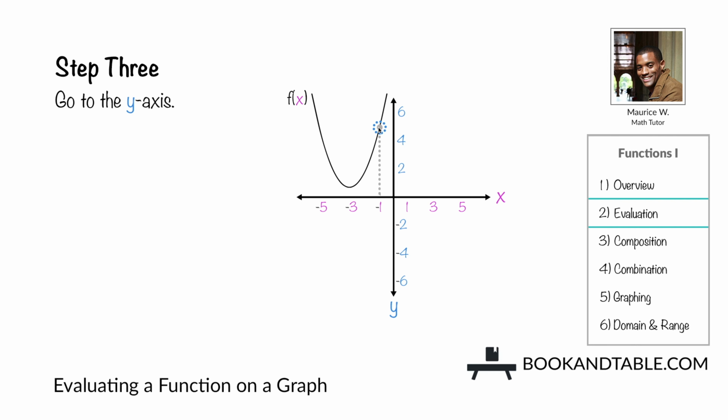And now the third step, we want to go to the y-axis from here. And when we do so, we see that it has a y value of positive 5 when x is negative 1. So f of negative 1 is equal to positive 5.